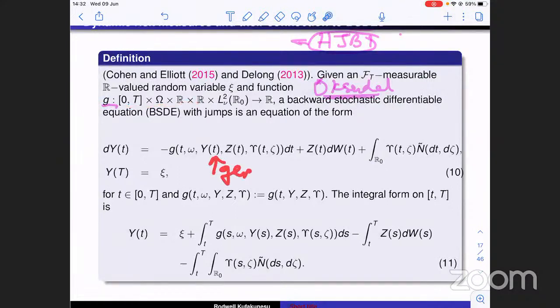Mainly all these backward stochastic differential equations have this generator, the diffusion term, and the jump term. And this is the terminal condition, right? The terminal condition. This is how it differs from the forward type of stochastic differential equation, or the classical, normal one.